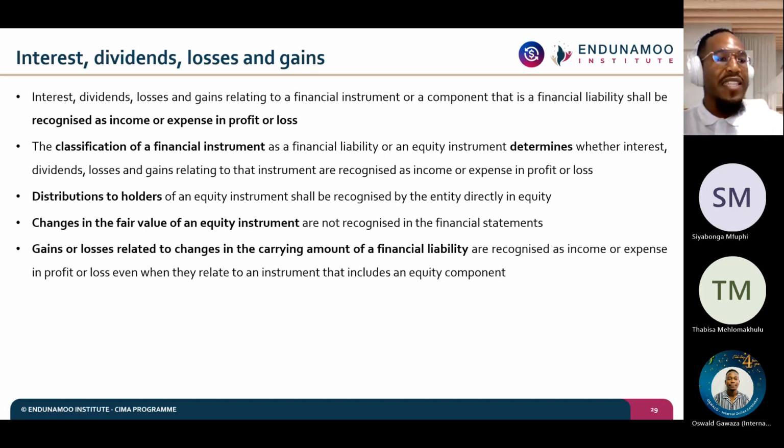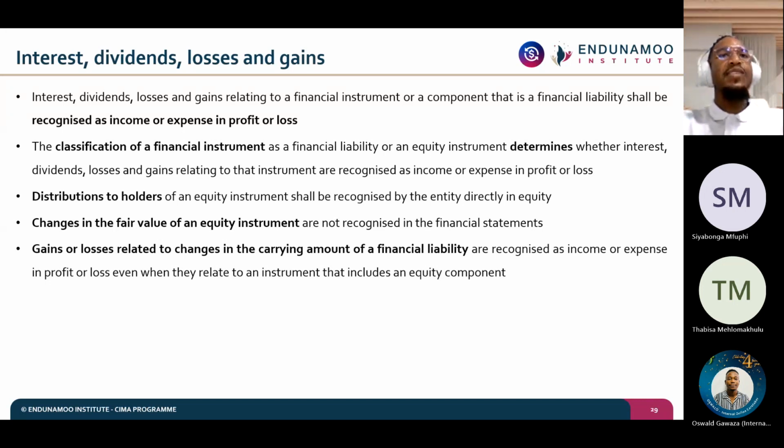If dividends are declared on preference shares and the preference shares are equity, then the debit entry is dividends declared on preference shares in equity, credit dividends declared payable, a liability. So the distribution to a holder of an equity instrument goes directly into equity, not into P&L.